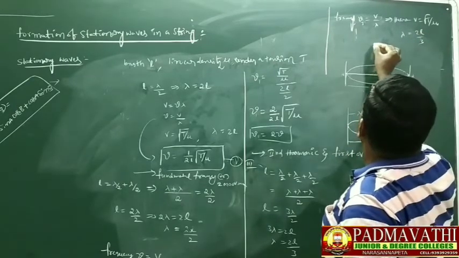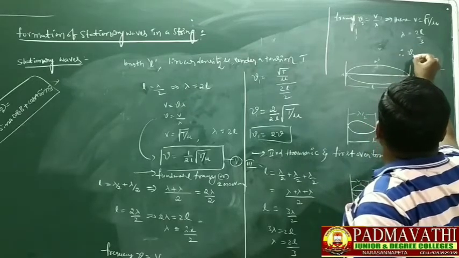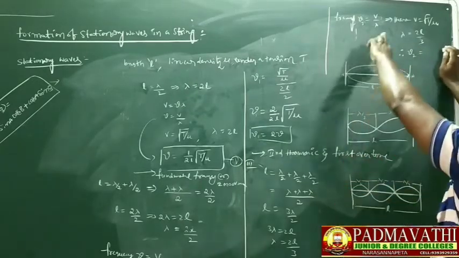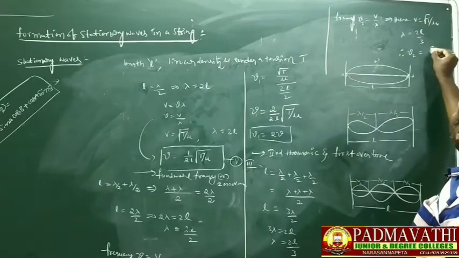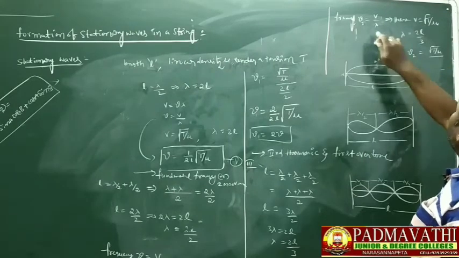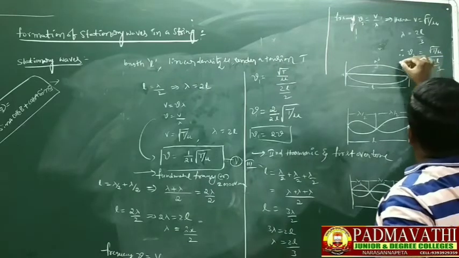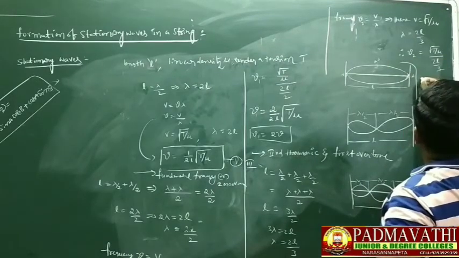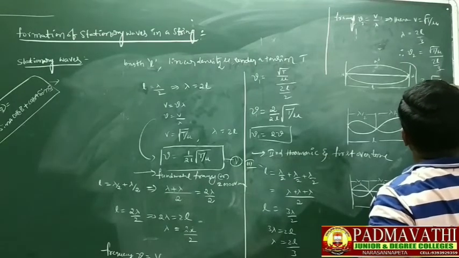Therefore nu 2 is equal to, what is the value of V? V is equal to root T by mu, and lambda is equal to 2L by 3, so that is equal to 3 by 2L into root T by mu.